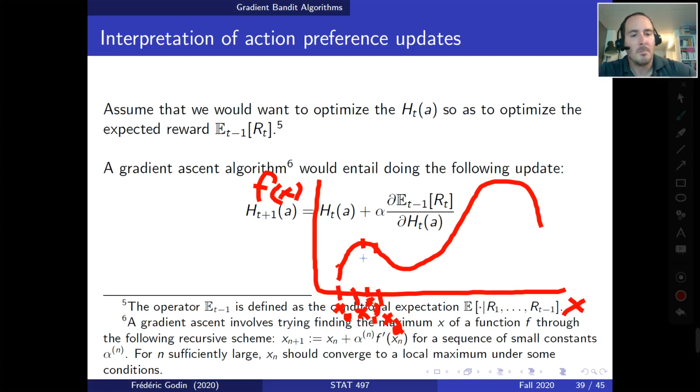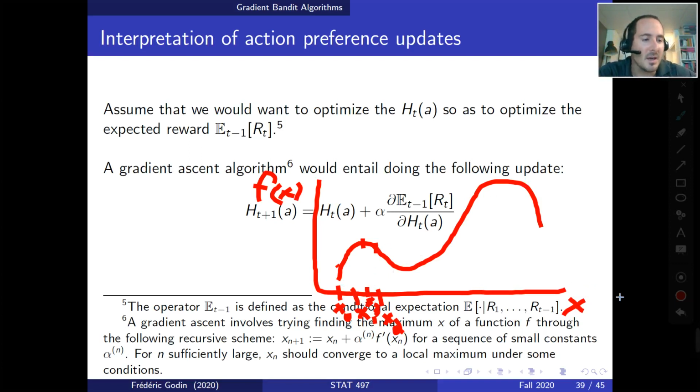But using this approach converges to what we call a local maximum instead of the global one. The global maximum, which is the true maximum of the function, would be here, but this approach converges to what's called a local maximum.